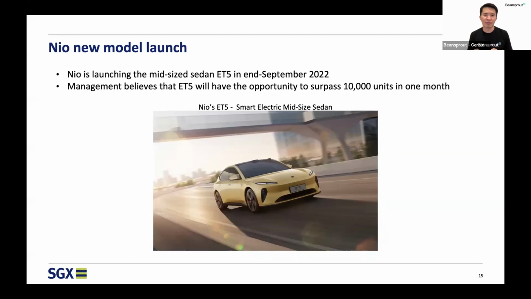But for this ET5 sedan, because the price point is a bit lower, management have seen that the ordering activity is very high. And what they have shared in the conference call is that they see an opportunity to surpass 10,000 units in delivery on a monthly basis. This is way higher than their current total delivery and reflects a kind of confidence towards this new model that they are going to launch.